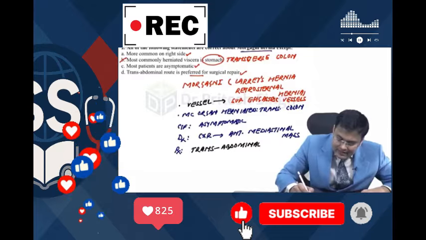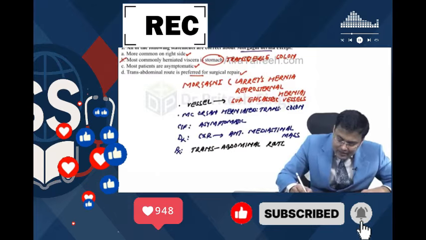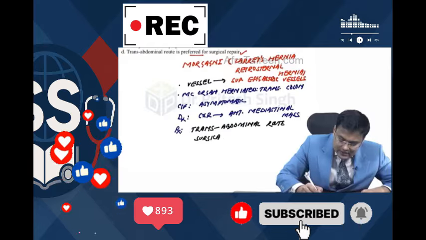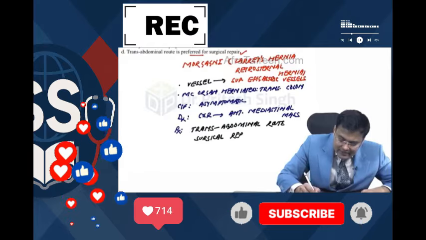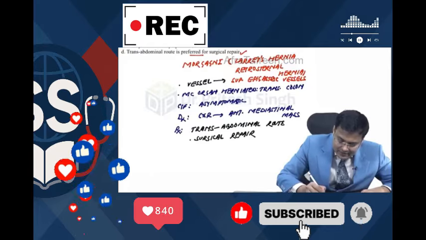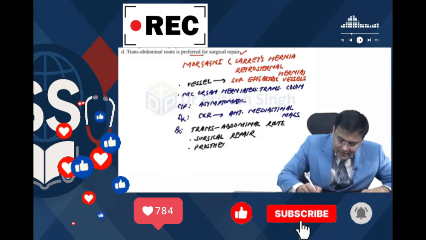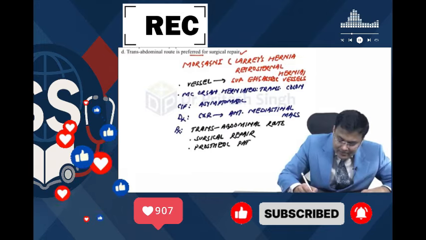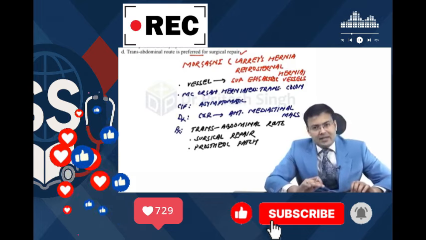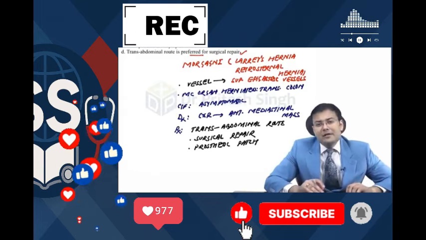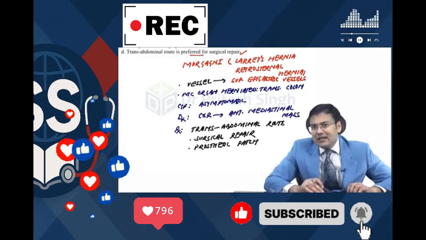And for large defects, we use a prosthetic patch. So congenital diaphragmatic hernia, both Bochdalek as well as Morgagni, is very important and frequently asked in NEET as well as in AIIMS.